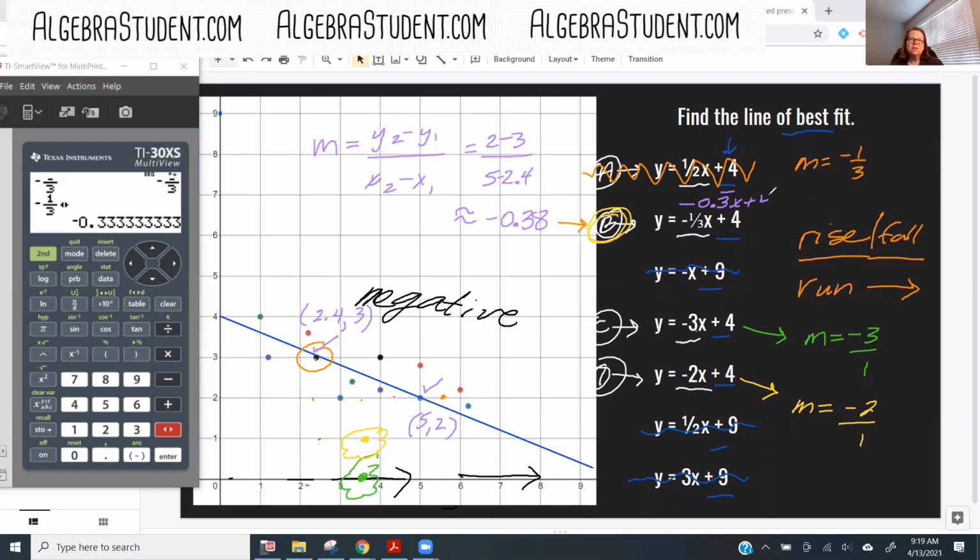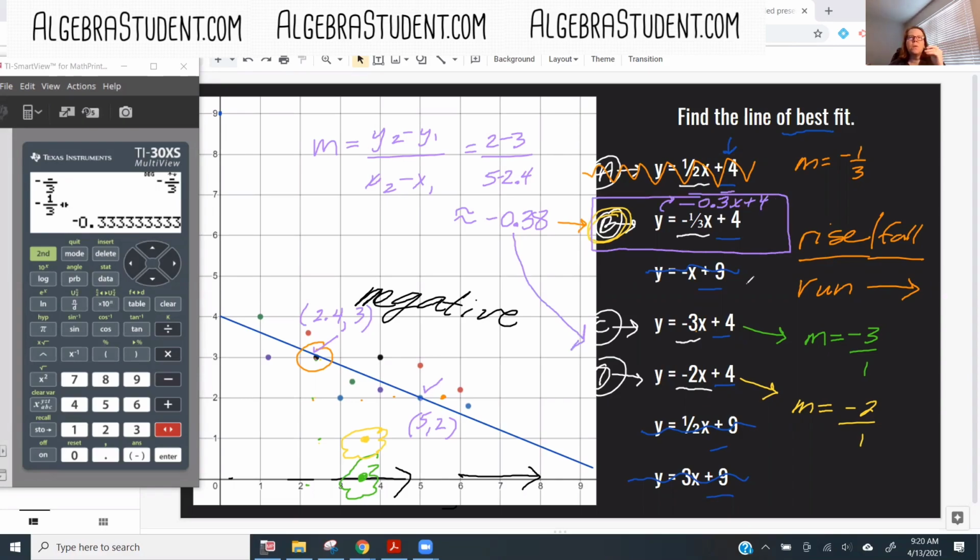That's just rewritten with the decimal. Negative 0.38 and negative 0.3 repeating are relatively close. They're way closer than negative 0.38 is to a negative 2 or a negative 3. So that's a third confirmation for us that B is the right answer. And in fact, that is the correct answer.